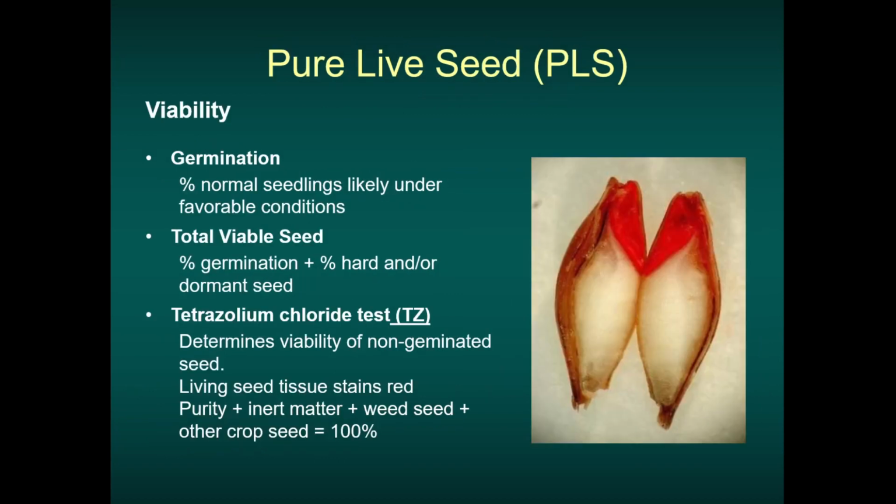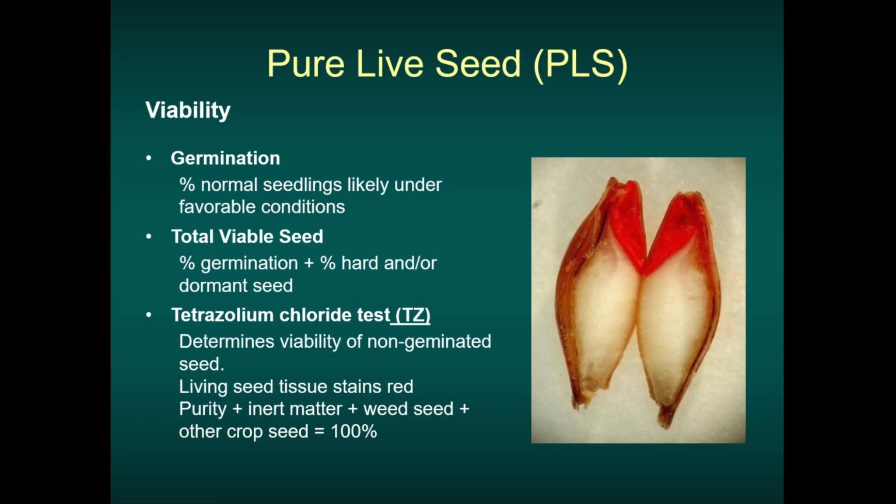So as far as viability goes, again, it can be done with germination tests in a lab. This is the percent of normal seedlings that you would get in good conditions. And then you can also look at total viable seed, which is the germination plus hard seed or dormant seed.